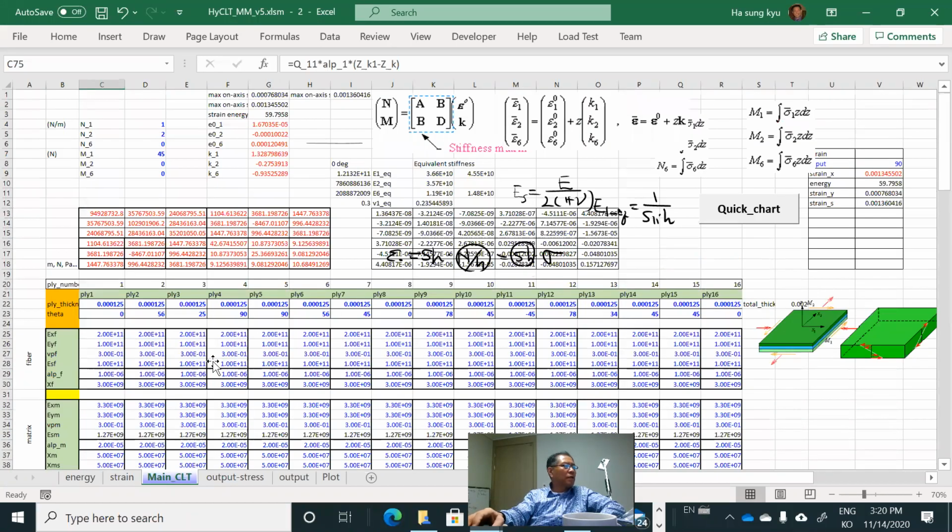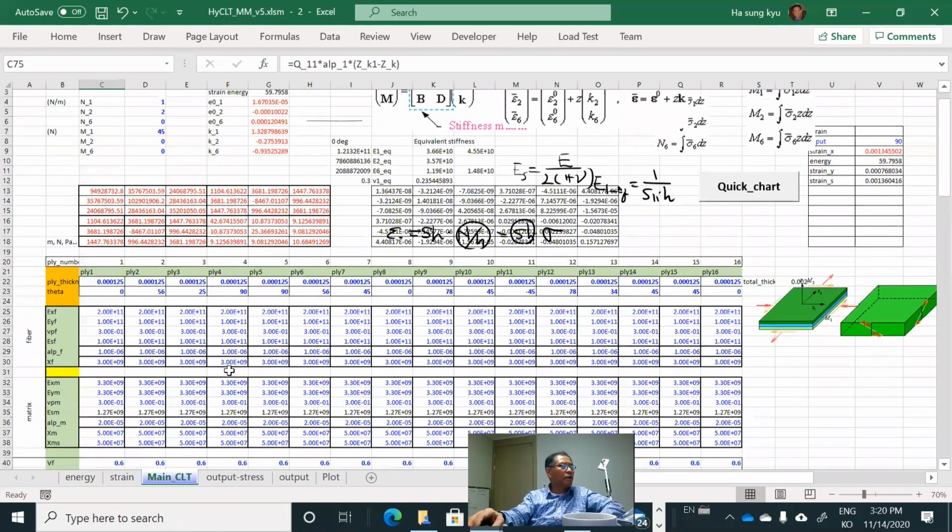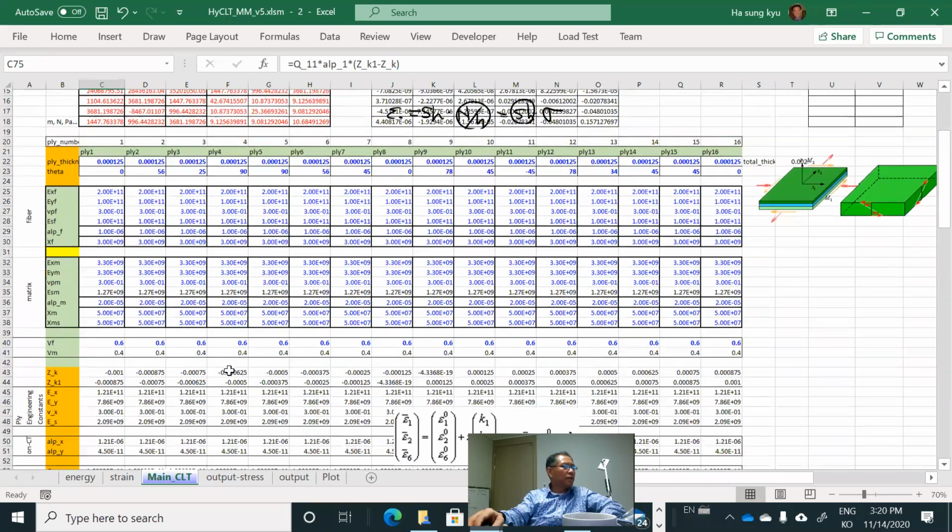So delta T can be constant all over the ply, or delta T can be different from ply to ply, because the temperature experienced can be different.